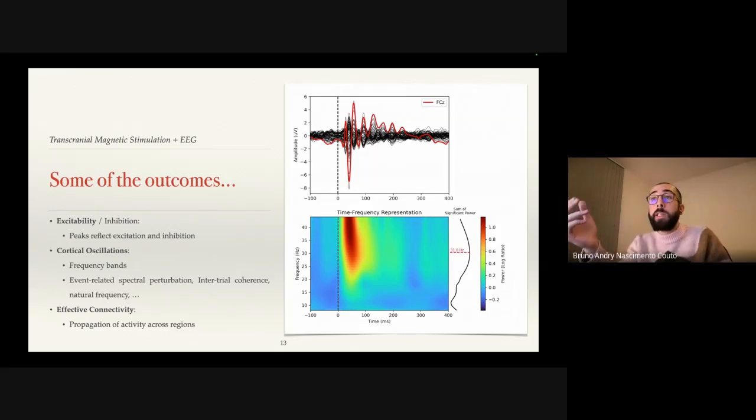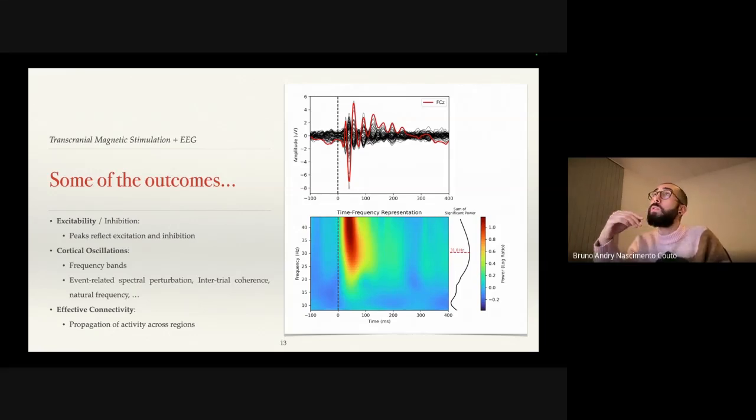You can also look at the frequency content of this response using methods such as the event-related spectral perturbation and intercerebral coherence. You can extract the natural frequency of the system, and you can look at the effective connectivity. So you can look at how the signal is propagating across different brain regions.